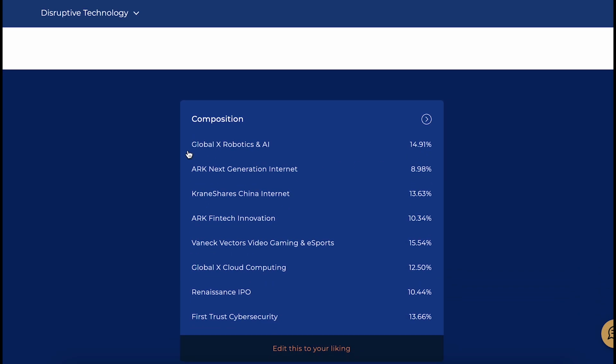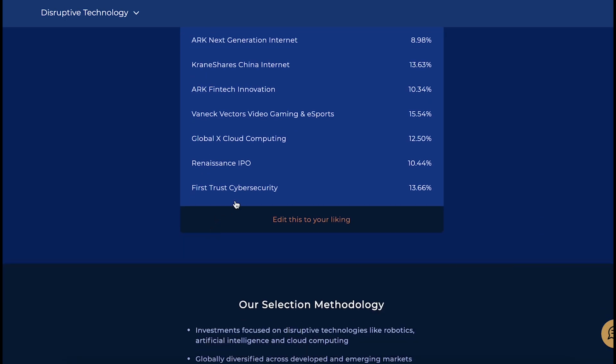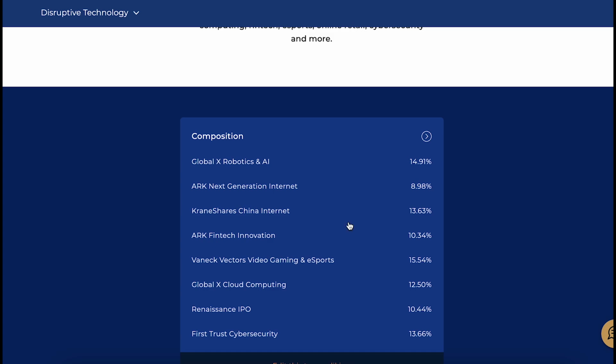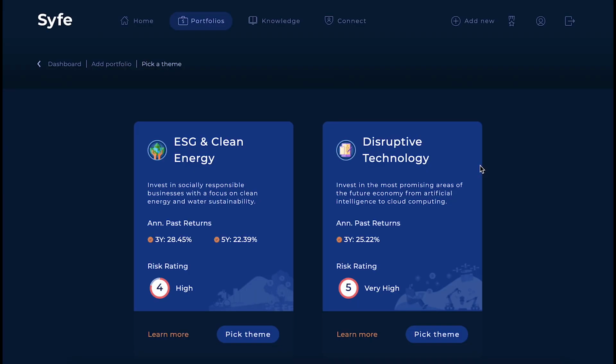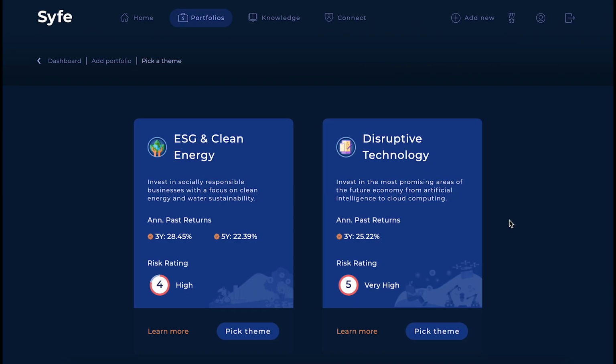So you see here, global robotics AI, next generation internet, China internet, ARK fintech, okay, cloud computing, cybersecurity. Okay, all these are very front end to the future investments. There's a very specific theme. So those who believe in this and have huge conviction in this, then maybe you would like this kind of disruptive technology, especially if you like the stock ticker ARK.